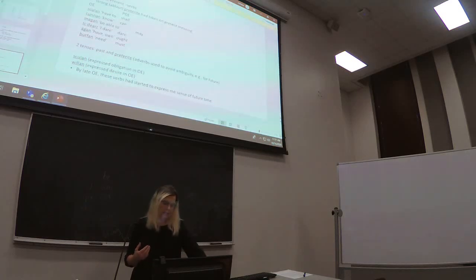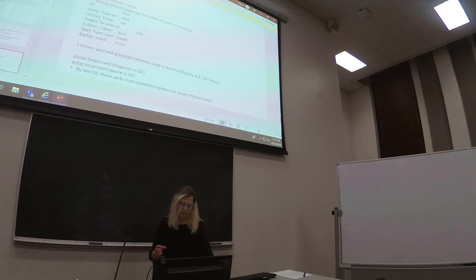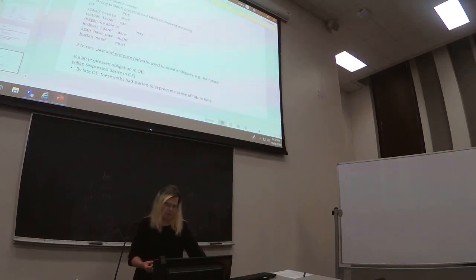Ahan, have or own, gave us ought, which is also a modal auxiliary in present day English. It cannot be used alone. I ought something. And thorvan was need, and that gave us must, but not directly, because thorvan itself got lost. We don't have that form anymore.